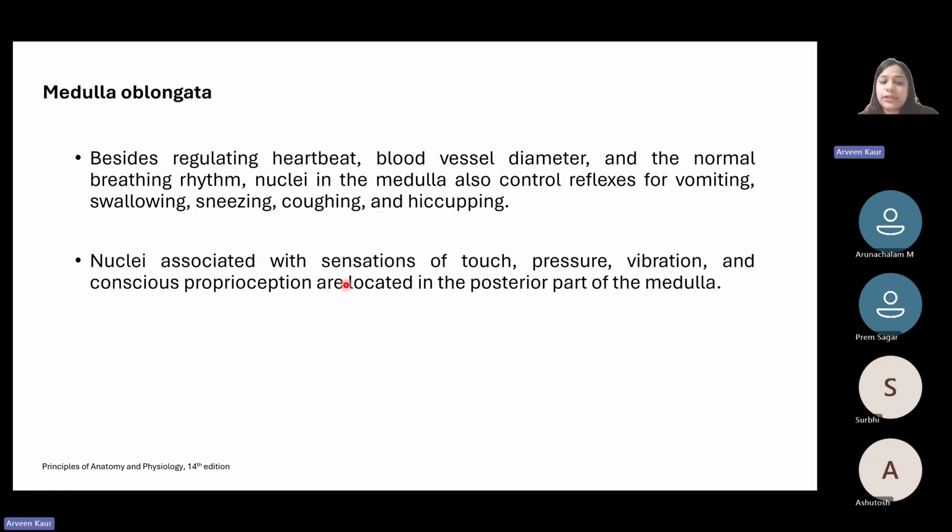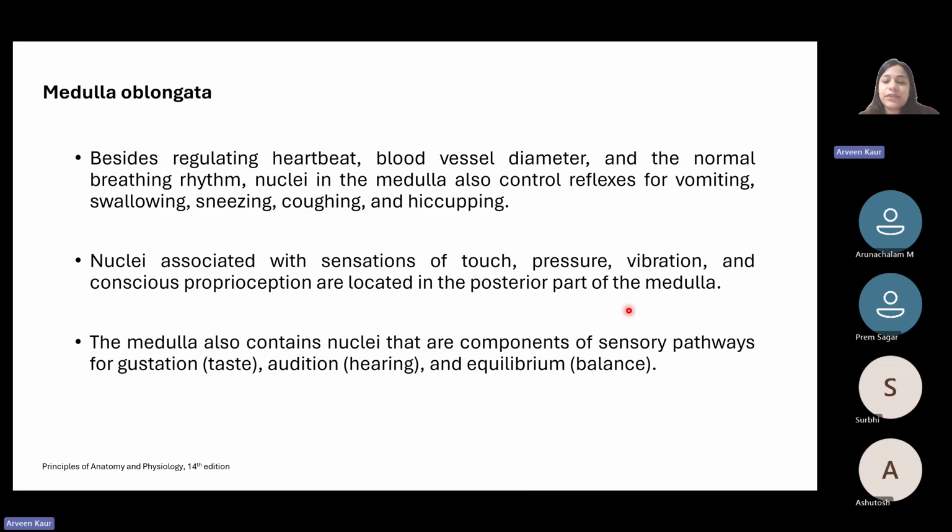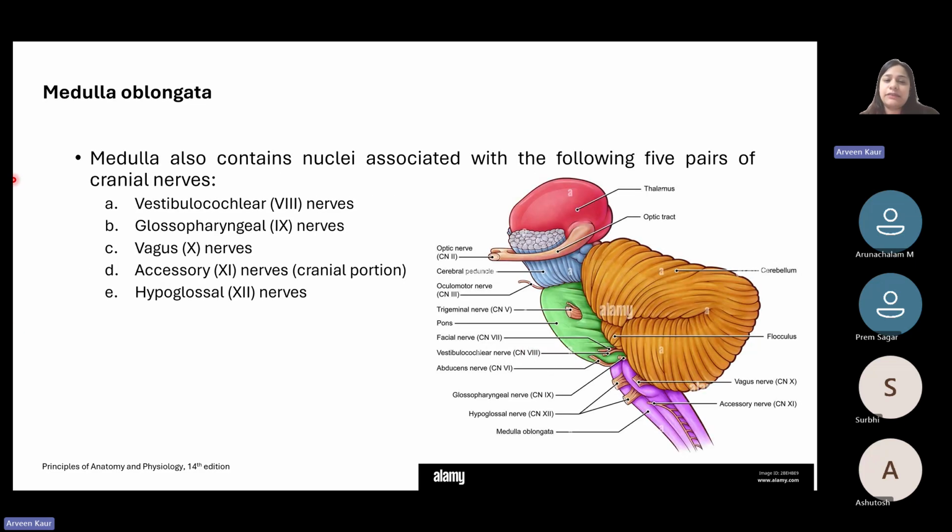Also, nuclei associated with sensations of touch, pressure, vibration, conscious proprioception are located in the posterior part of the medulla as well. So medulla also contains nuclei that are components of the sensory pathway for gustation, which is responsible for taste, audition, which is hearing, and equilibrium or balance.